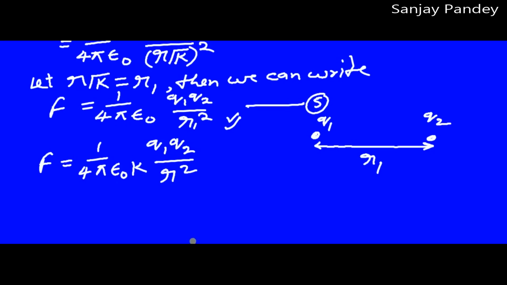So if we have to replace a dielectric medium K by vacuum, we have to replace r by r1, which is equal to r square root K.